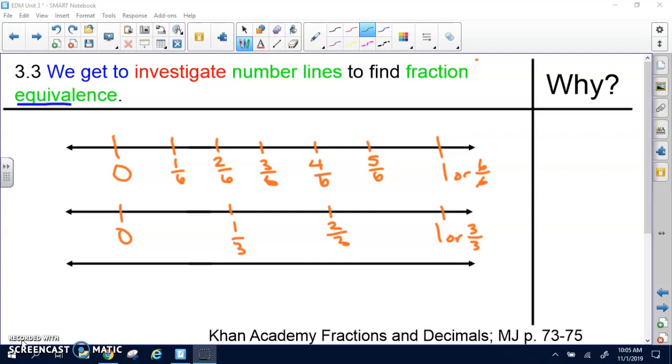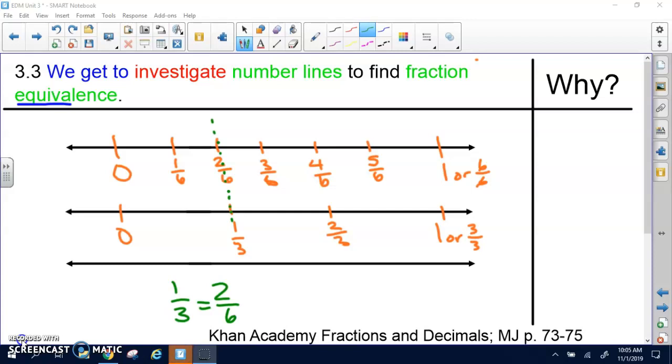So I know that 6 is a multiple of 3. Are we okay with that? 6 is a multiple of 3. And here's what's beautiful about this. When I look at 1/3, it exactly lines up with 2/6.